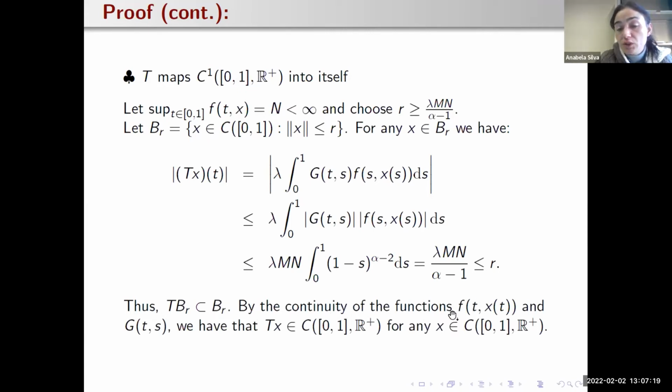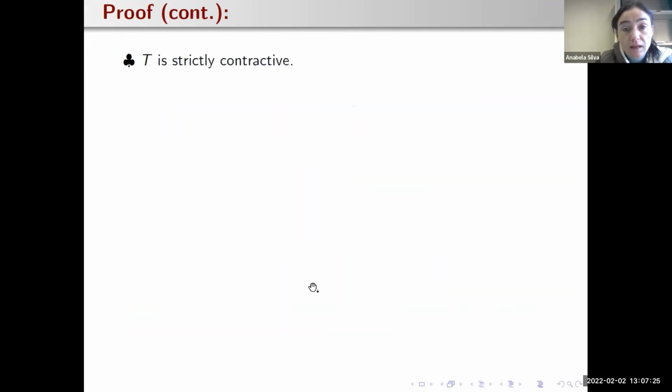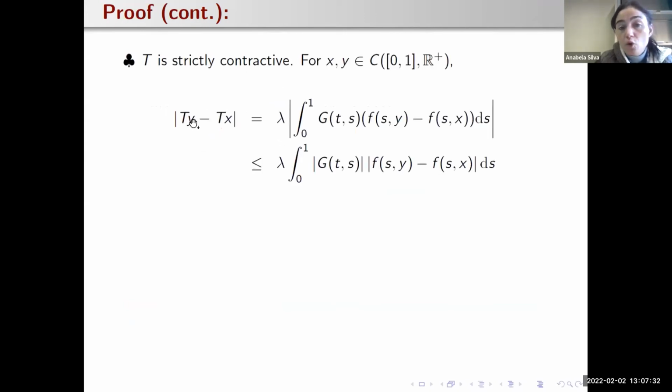Since we have the continuity of function f and the Green function, we also have that Tx is continuous. On the other hand, we have to prove that T is strictly contractive. To prove that, we compute the distance between Ty and Tx, and we can compute that.